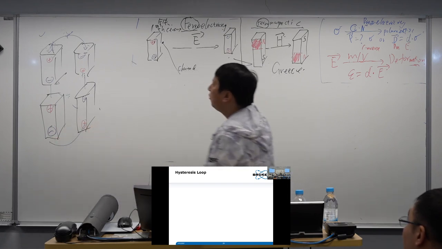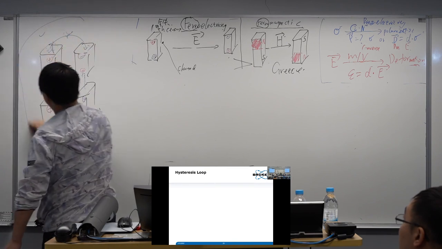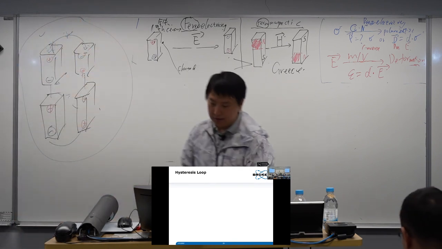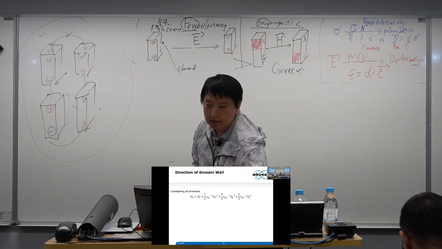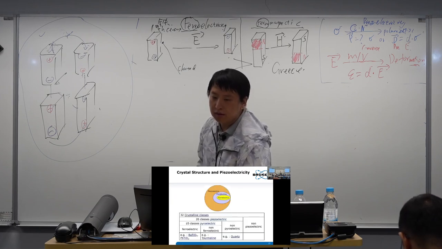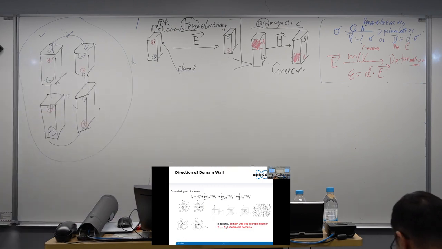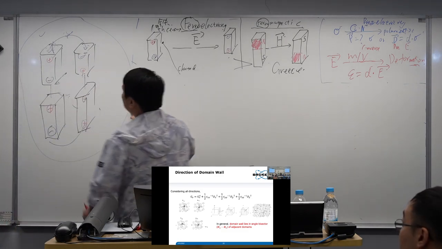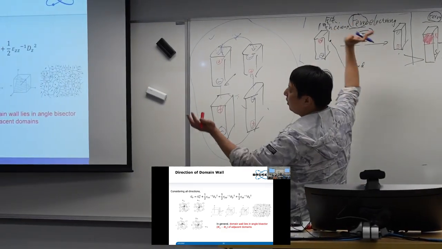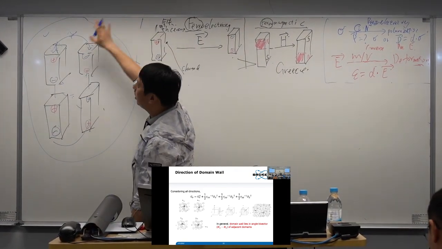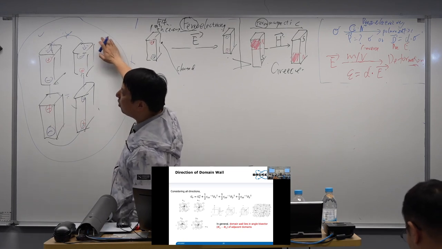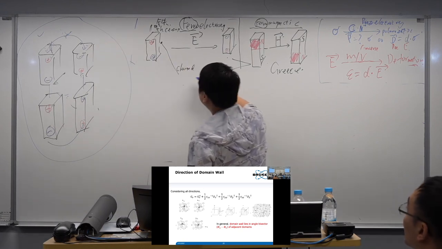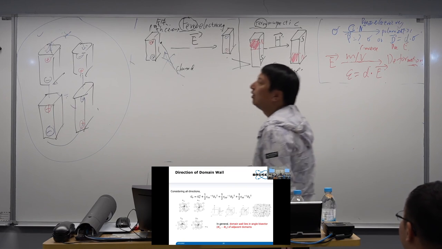In between. So if you consider you have many of this kind of crystals, they will do this kind of connection. And as a result, no electric field is exposed externally. Since there's no electric field exposed, we cannot discover it, right?